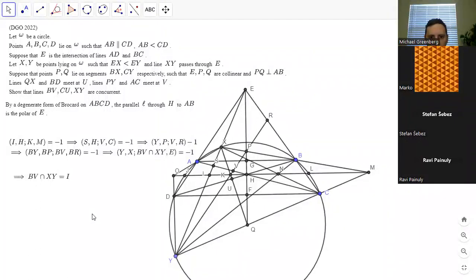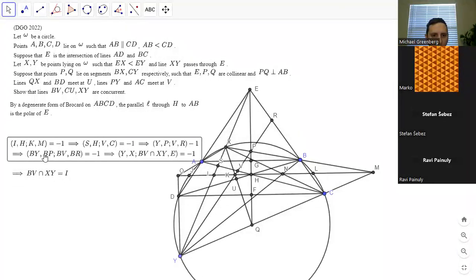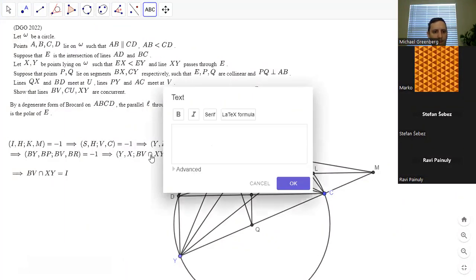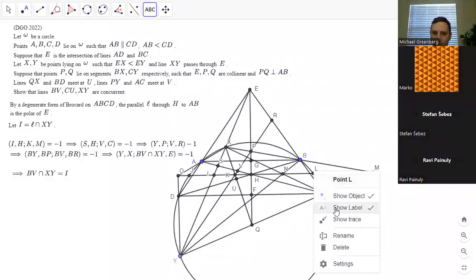So let L intersect X, Y, and I. And then, yeah, I feel like a lot of this stuff we don't need, so I'm gonna get rid of it.